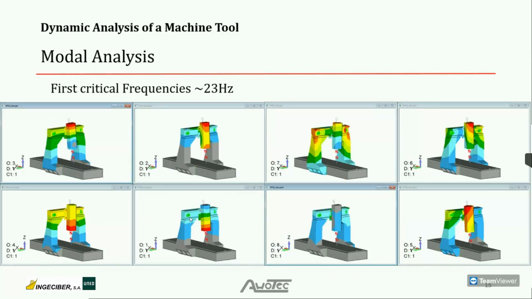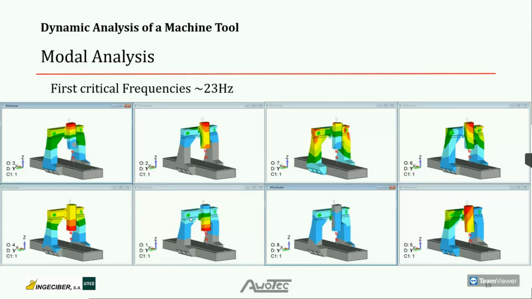Based on this finite element model, the first step was to perform the modal analysis. And here you can see the results of one specific position. So there were several positions studied, but here are the first critical modes. And you can see the first mode starts at an eigenfrequency of 23 Hertz, which is quite low.